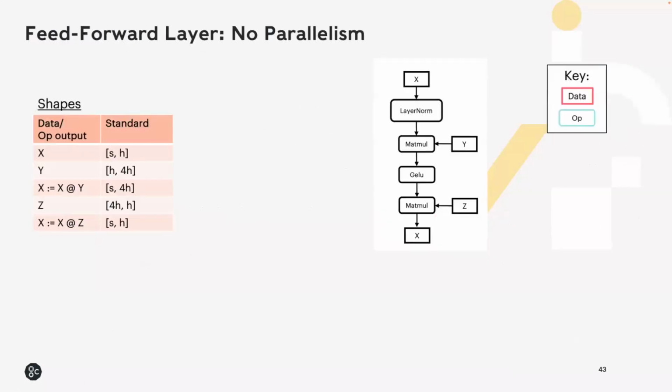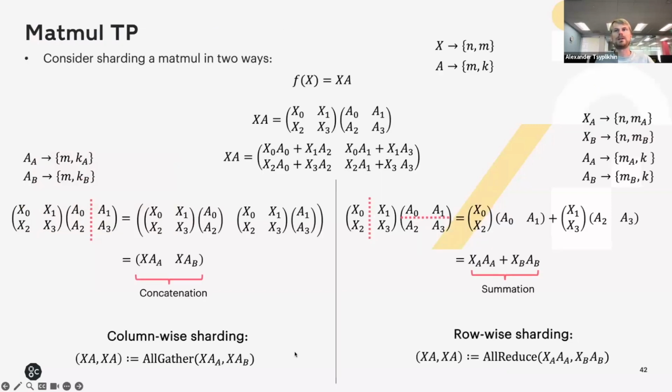The good thing, there's a question on the chat: what is the maximum size of each shard? The maximum size of each shard depends on the number of devices that you split your computation across. For example, if you're running tensor parallel across 2 devices, then the K dimension of the matrix will be divided by the number of shards that you have.